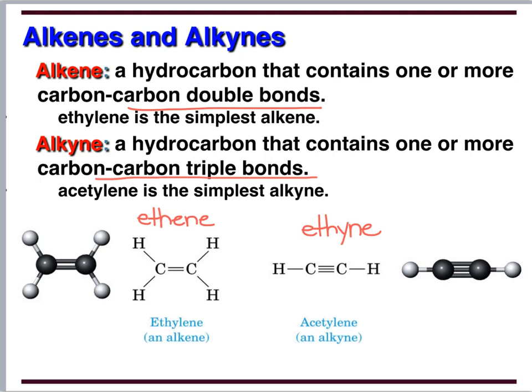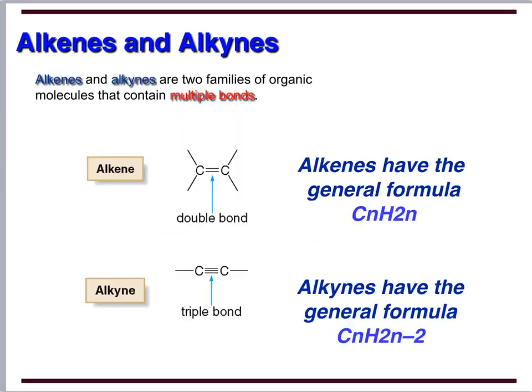Okay, so notice when I add the double bond and the triple bond, it is reducing the number of hydrogen that can be attached to that carbon, because remembering every carbon can only have 4 bonds. So the general formulas become, because we've reduced the number of hydrogen, CnH2n for an alkene, meaning if there are 3 carbon, for example, then there would be 6 hydrogen to go with it.